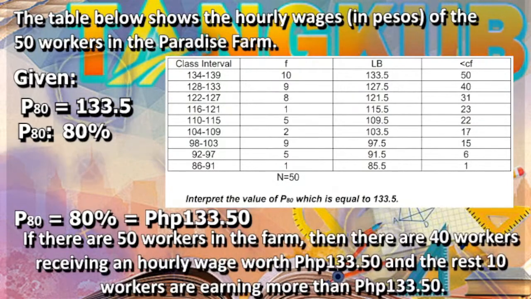If there are 50 workers in the farm, then there are 40 workers receiving an hourly wage of 133.50 pesos and below, and the rest, 10 workers, are earning more than 133.50 pesos every hour.